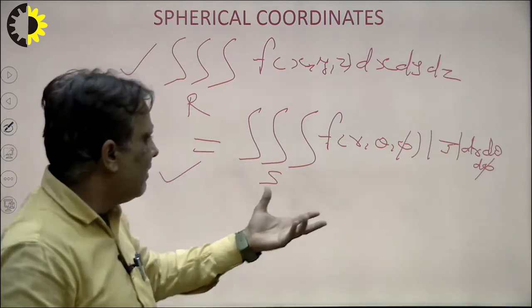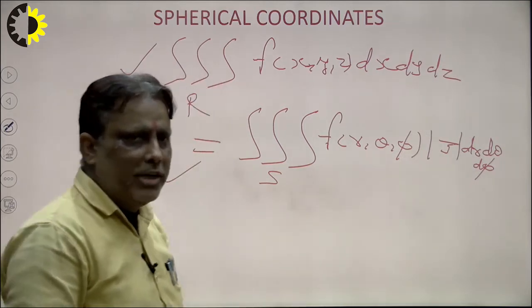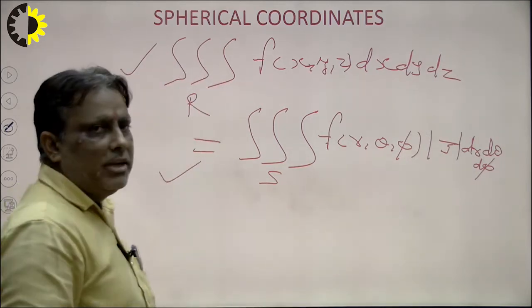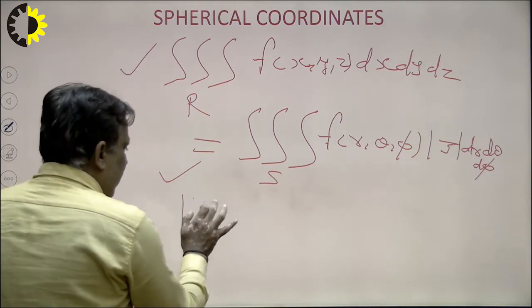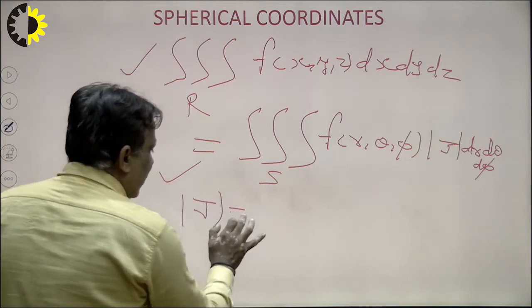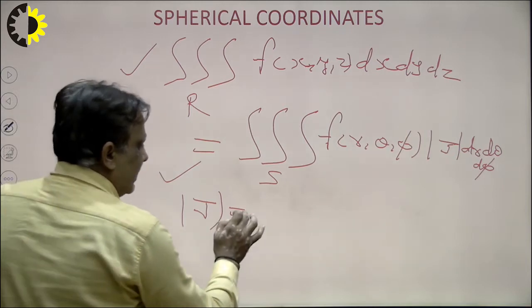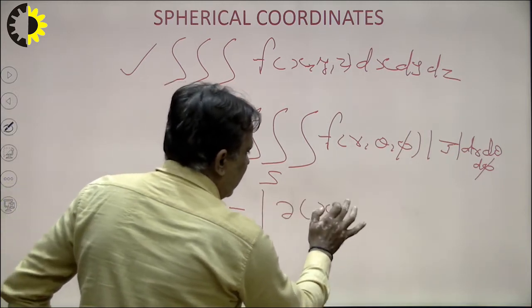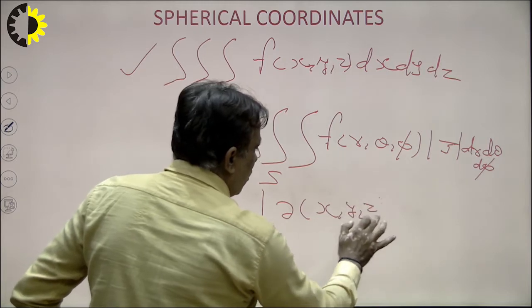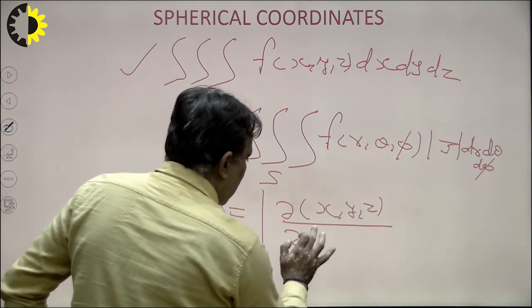Now the question is, what is the Jacobian of spherical coordinates? In the previous lecture, in the topic of the Jacobian, I explained how to obtain the Jacobian J. So I write here the Jacobian, the modulus of del(x, y, z) over del(r, theta, phi).